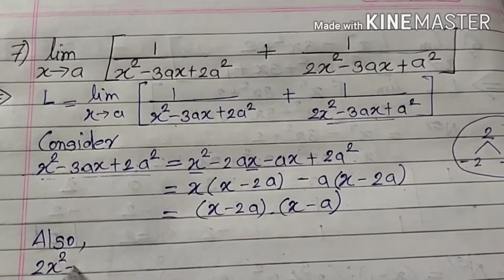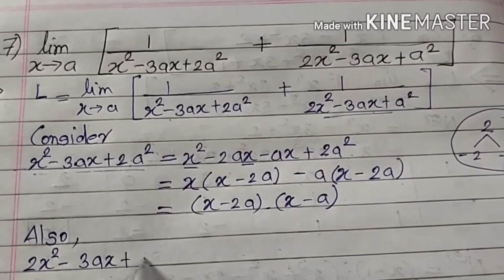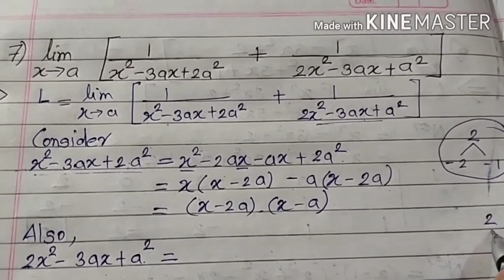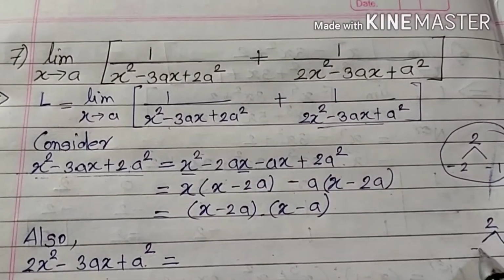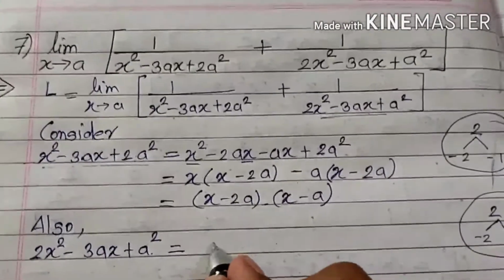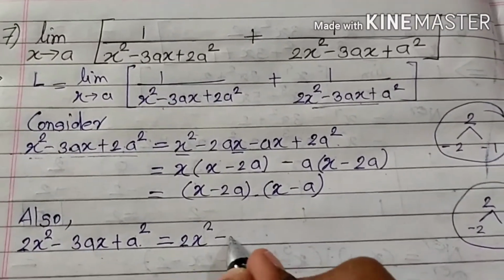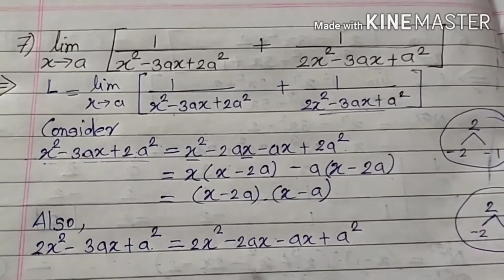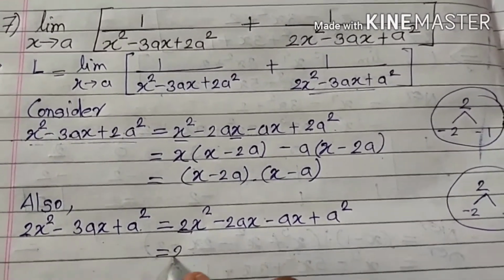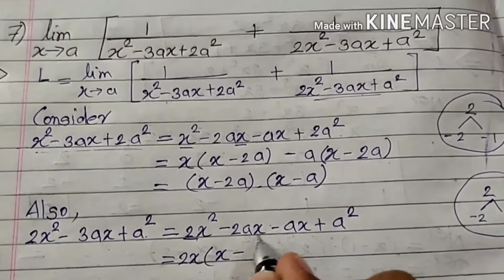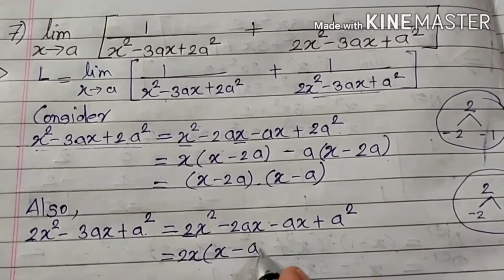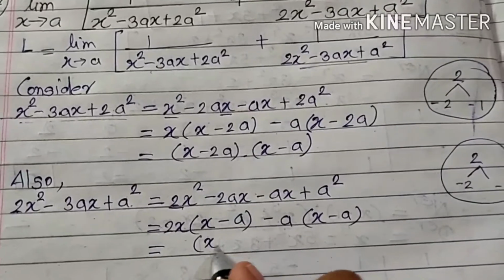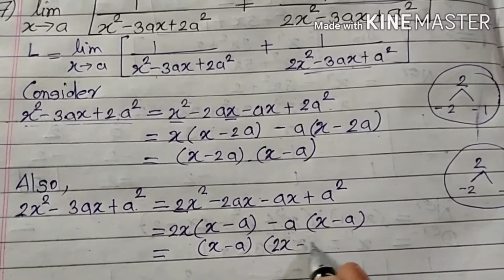So 2x square minus 3ax plus a square. 2 into 1, so 2, and minus 3 means minus 2 minus 1, so same factors. 2x square minus 2ax minus ax plus a square. Take 2x common, so here x minus a common, x minus a, and this is 2x minus a.